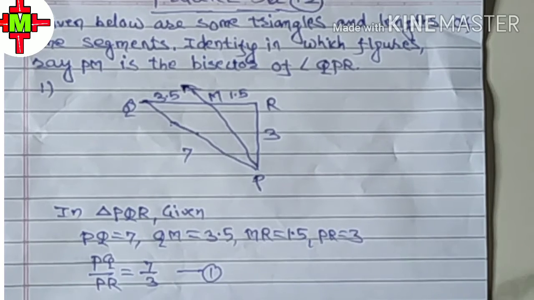QM divided by MR is equal to 3.5 divided by 1.5. That means 7 by 3. Give this equation number 2.